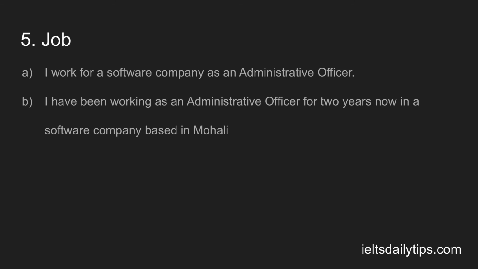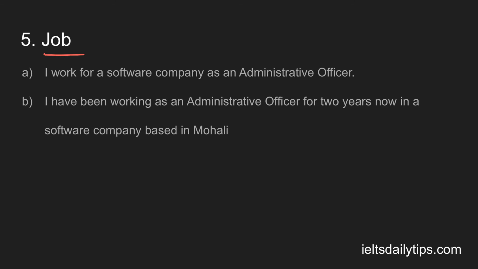The next thing you have to talk about in the introduction is your job. In the job, you have to keep in mind that you have to talk about your designation and where the company is located and where your office is located. Or also, you can just talk about your designation. It's up to you. So here are a few ways by which you can talk about your job.